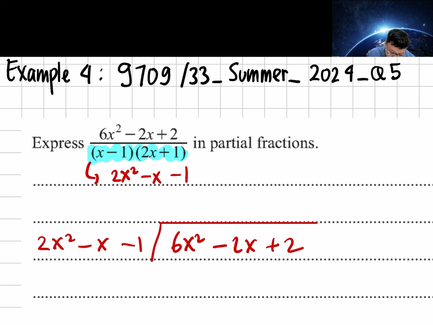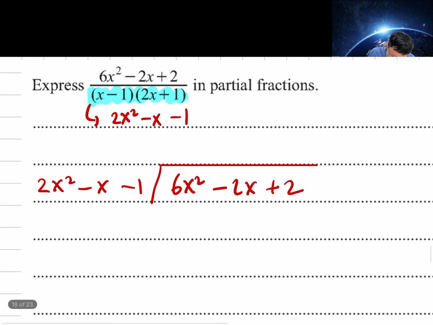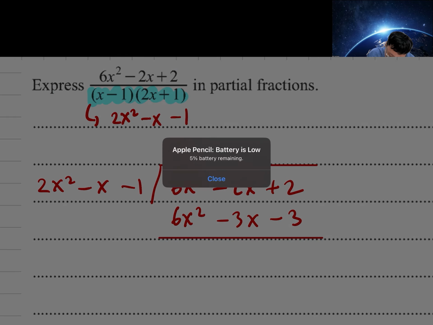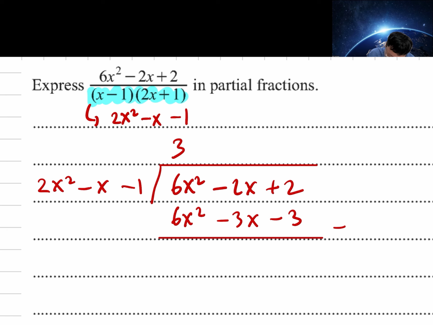So when we divide this, we get 3, and then 6x squared minus 3x minus 3. When we subtract, we get x plus 5.